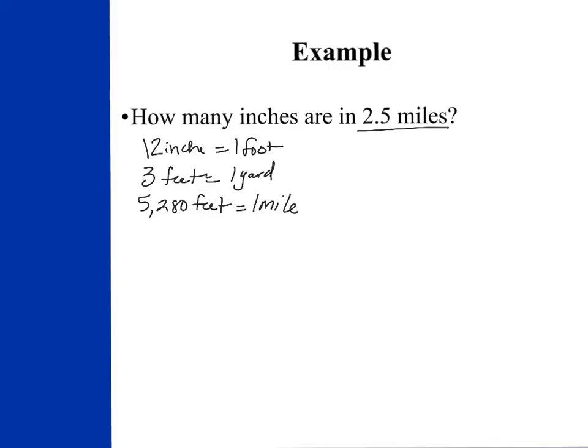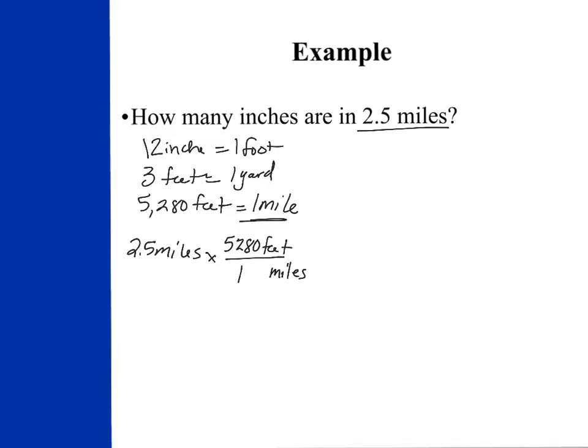So we're going to start off by looking at the number of inches in 2.5 miles. We need to say to ourselves, well, we know we have 2.5 miles. That's a number in a unit that we're given. And then I know from my list up here that we've got a unit conversion involving miles and feet. I also know that I want miles to cancel out, so miles will need to go on the bottom. And from our unit conversion up here, we know that in 1 mile, there's 5,280 feet, so that's going to go on top.